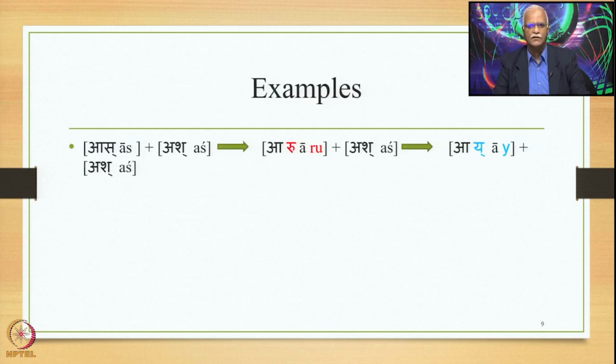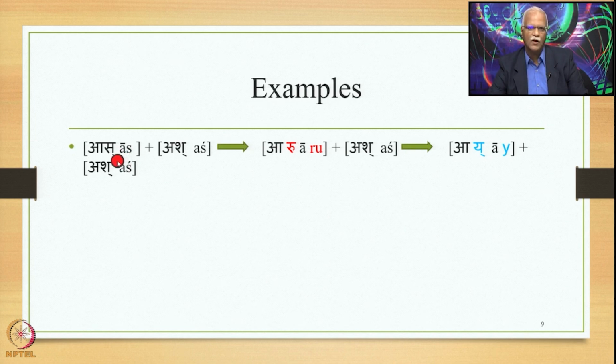So here are the examples. We have as plus ash, this is the input where sa appears at the end of this pada, preceded by a. Earlier we had seen examples where this sa was preceded by short a.